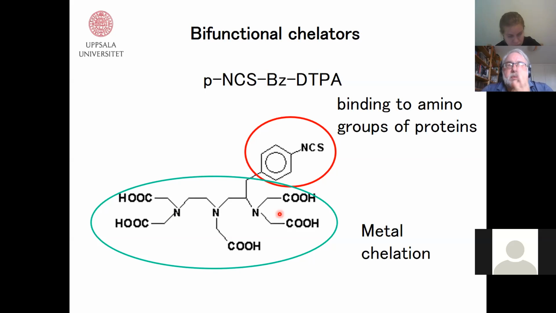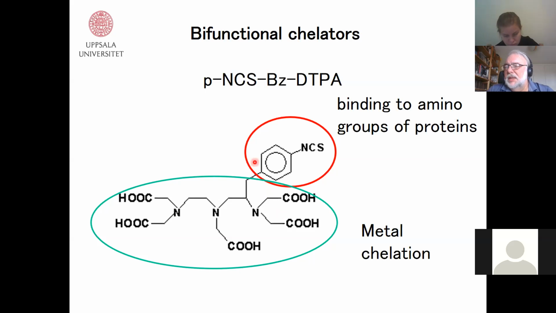It has to be noted that we have to have a so-called bifunctional molecule, which contains two parts, each exercising its own function.